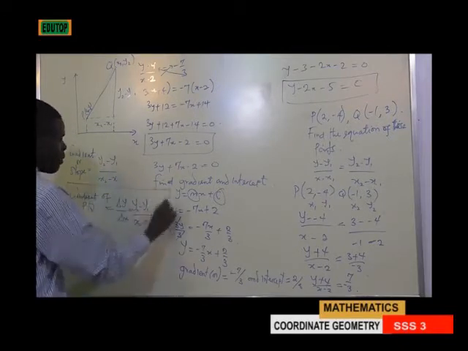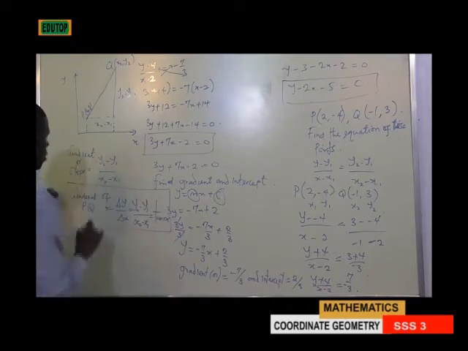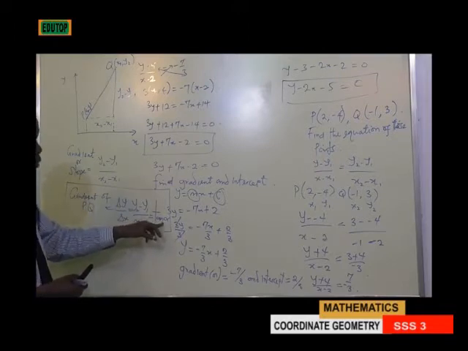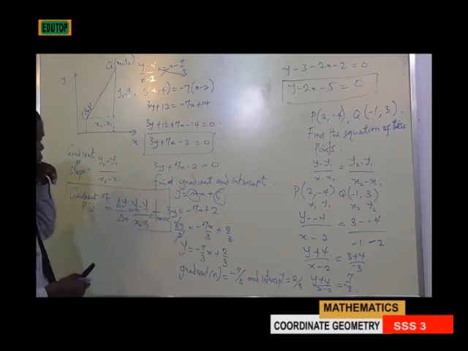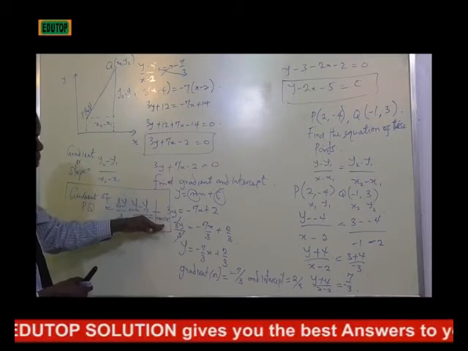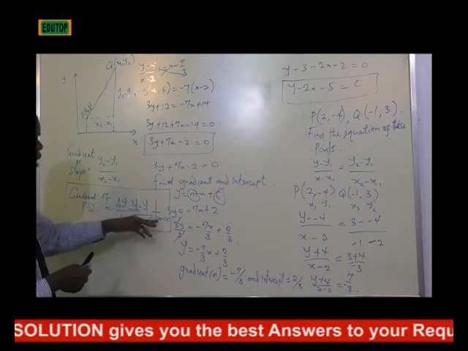This formula is very important in coordinate geometry, because it also connects the angle. Given two points, you can be asked to determine the gradient and then move further to determine the angle between them.